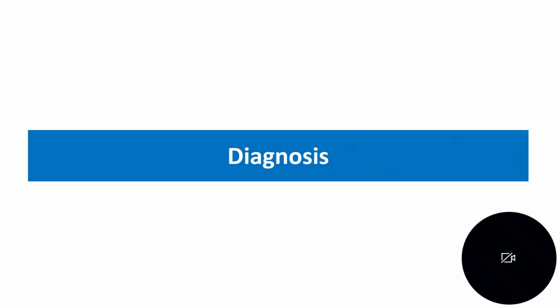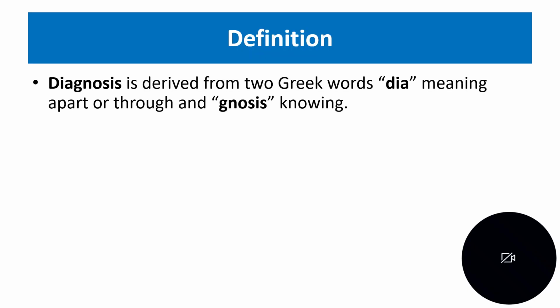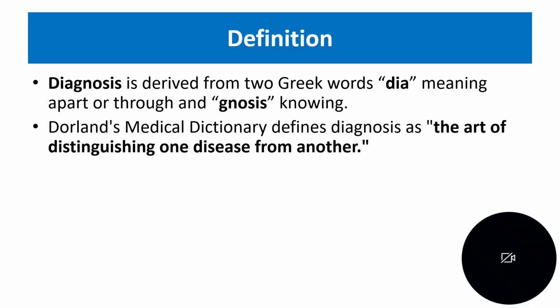The first thing we're going to look at is the word diagnosis. The word diagnosis is derived from two Greek words, dia meaning apart or through, and gnosis to do with knowledge or knowing. Dorland's Medical Dictionary defines the term diagnosis as the art of distinguishing one disease from another.